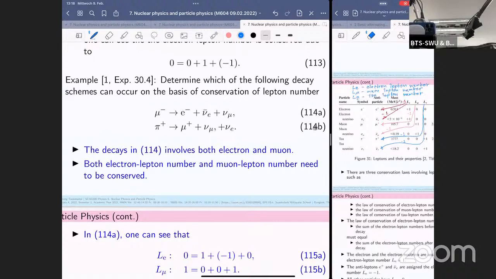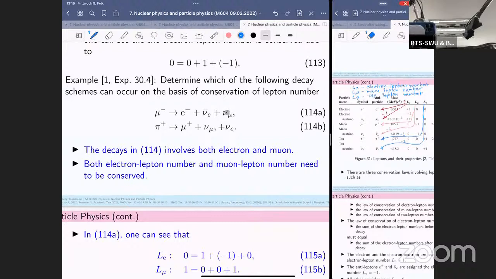What about the muon then? The muon would have +1 muon lepton number, so we write down +1 here for this particle. And the electron has 0 muon lepton number, so we write down 0 for the electron. And the electron anti-neutrino has 0 muon lepton number, so we write down 0 here.